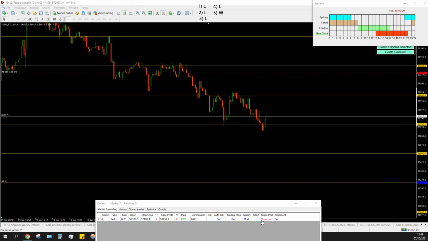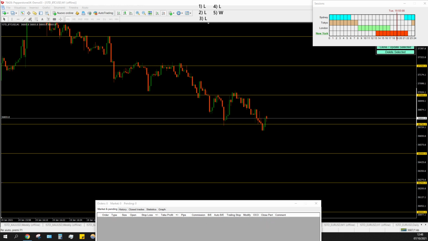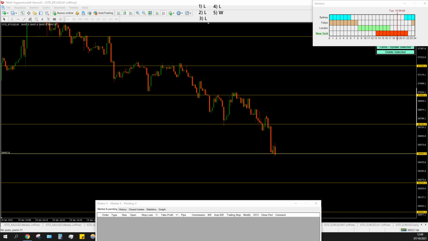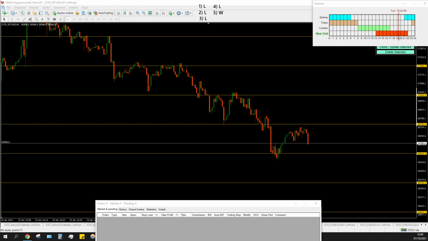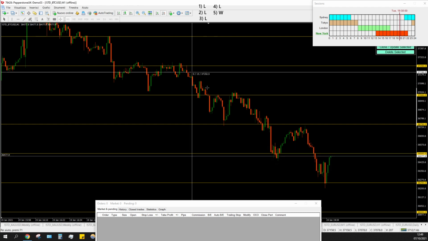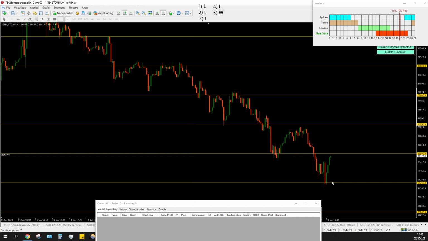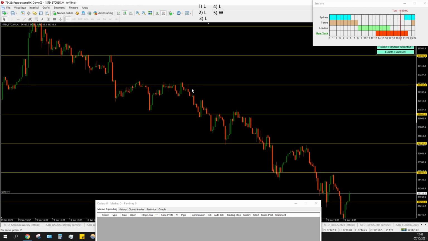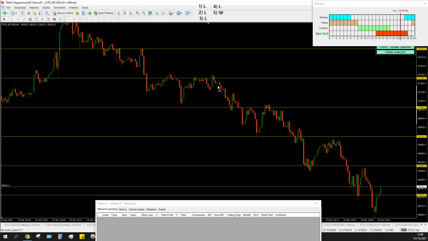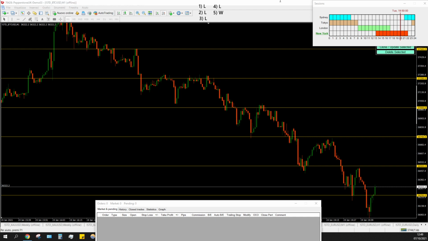So we close the full trade. If it goes back down, as you can see, doesn't really matter. We don't want to risk too much, but it went very, very nice. Almost 100 pips. More than 100 pips. As you can see, we got it very nicely.